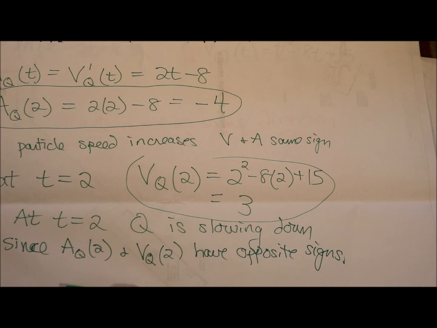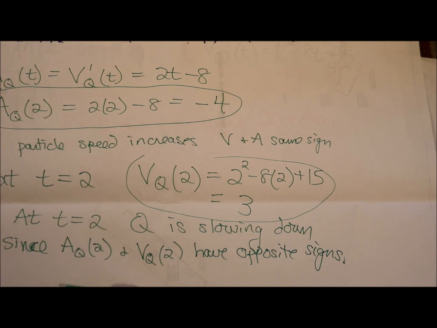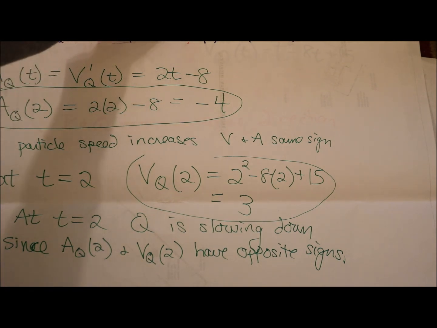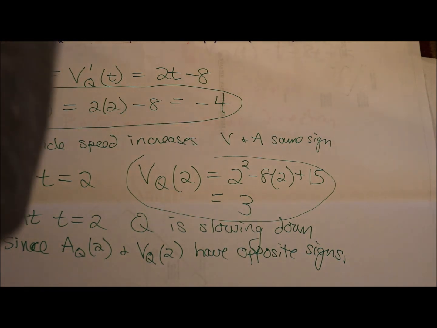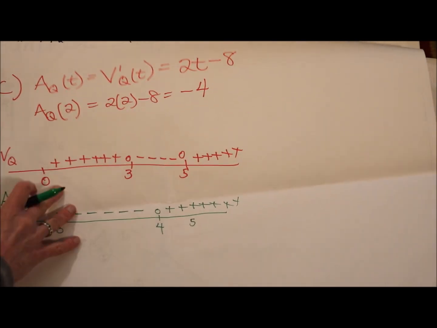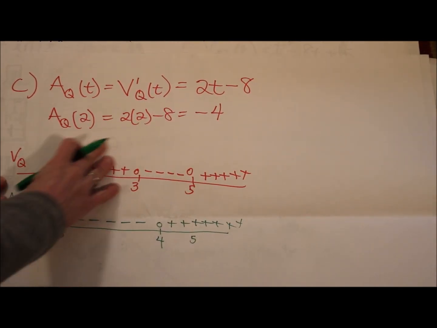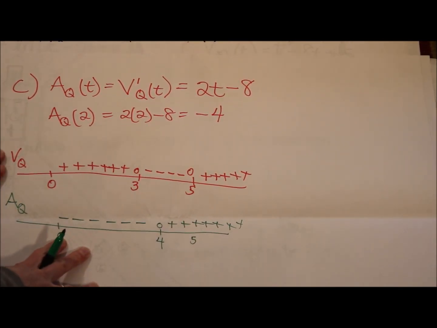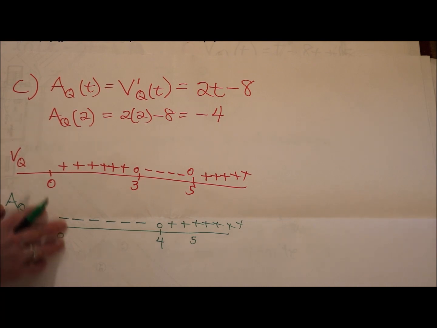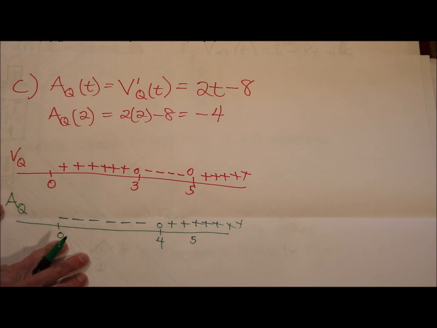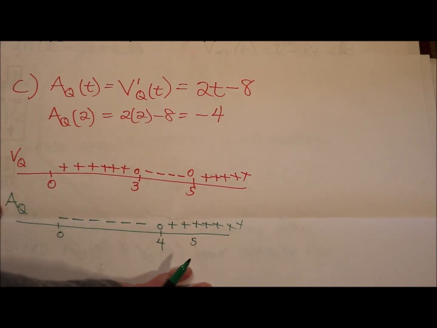And there you go. Now just for fun, let's say that the question had instead been, find the interval where the particle is speeding up. Then you would have had to do what we did many times in class, where you create 2 number lines, one for the velocity, one for the acceleration, and you find when the signs are the same.